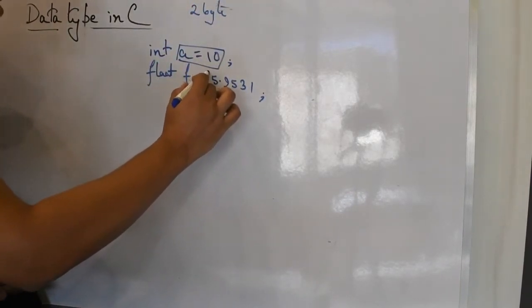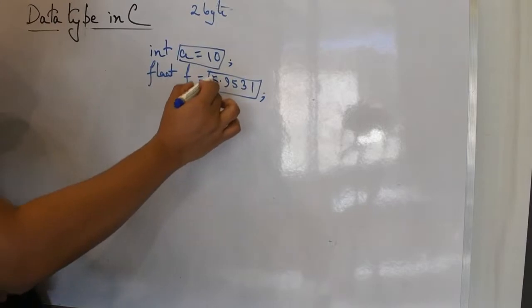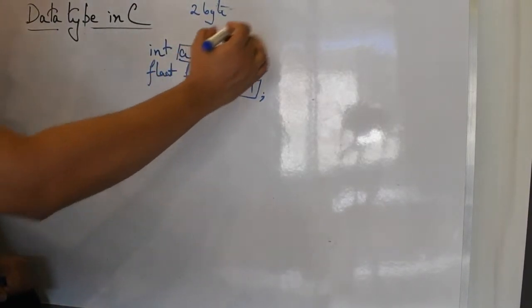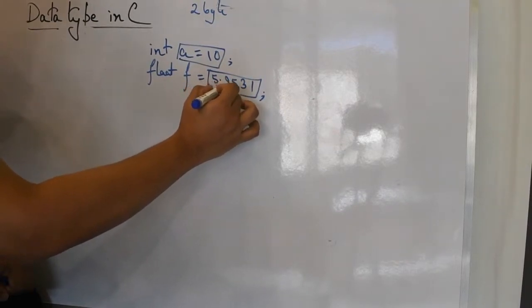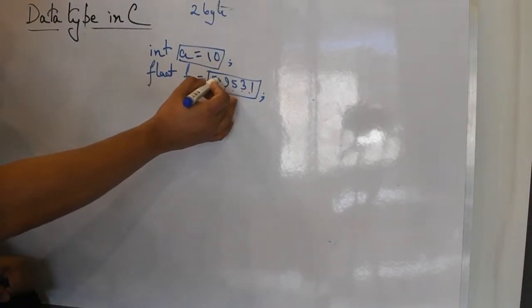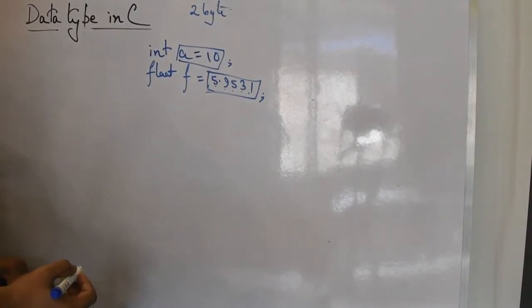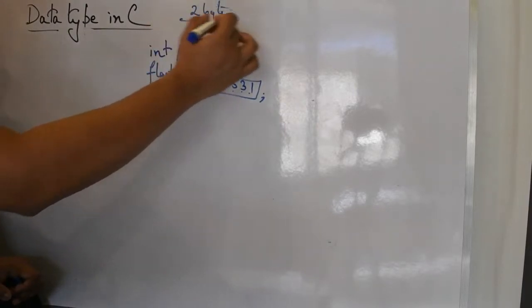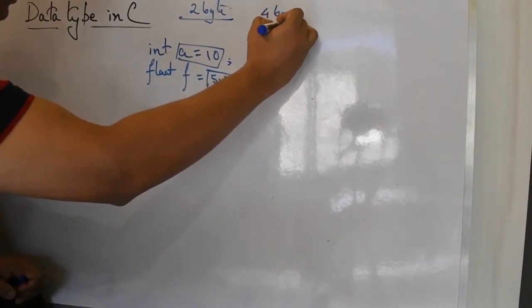But the float looks like a huge number, 5 digits, 4 after the decimal point. How are you going to fit it into 2 bytes? So you require 4 bytes of data.